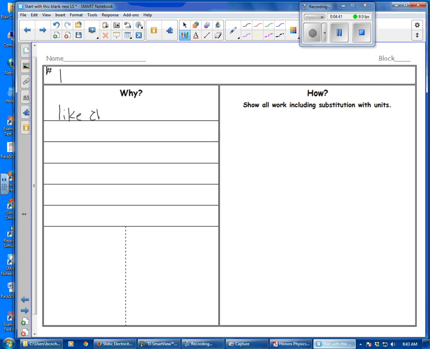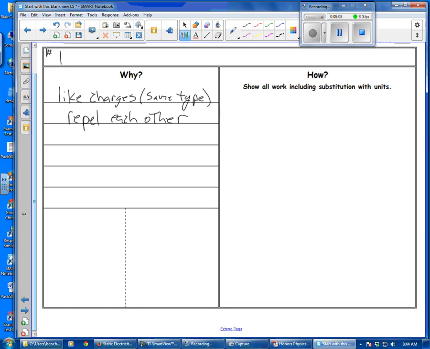Like charges, meaning the same type, repel each other. That's probably all you really need in your Y, except it is talking about forces, so this is when you would need a force diagram.